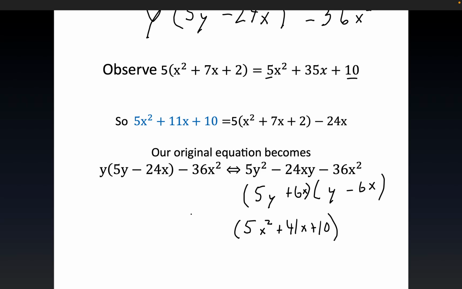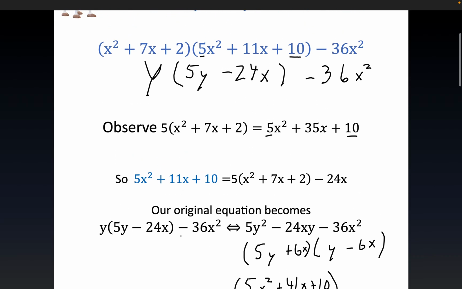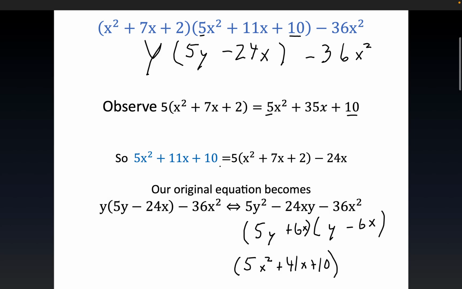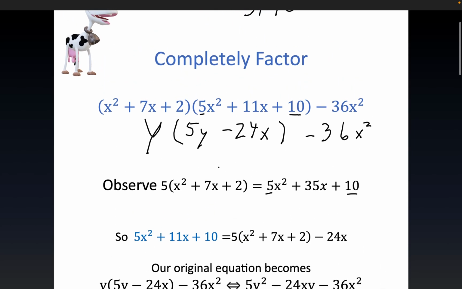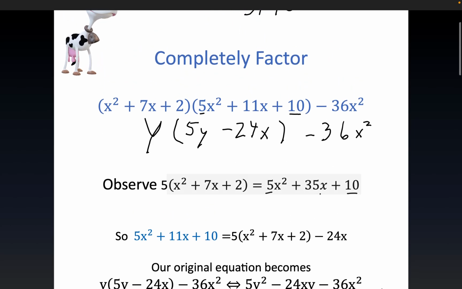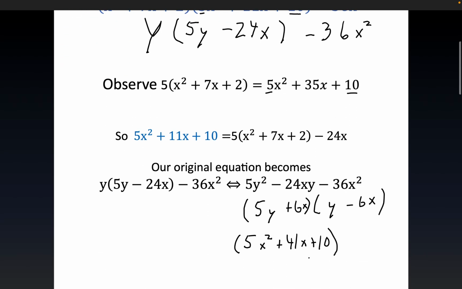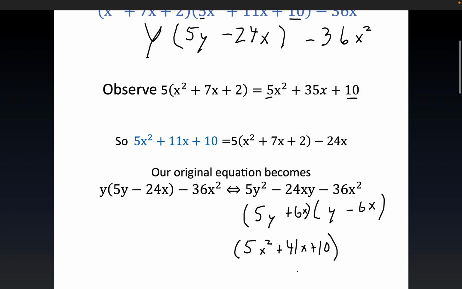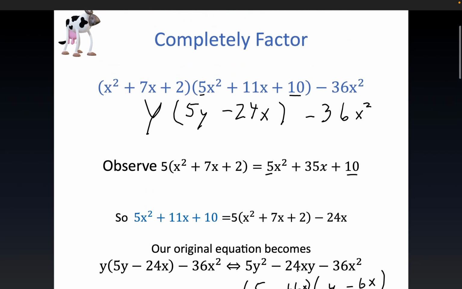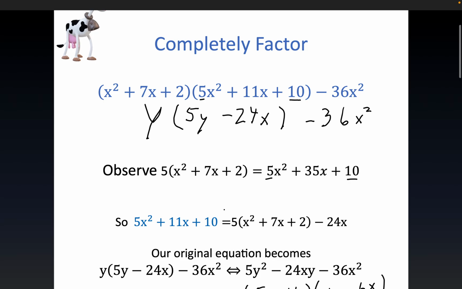In other words, we already know what 5y is, right? 5y is equal to this expression right here. But we have to add 6x to it in this factor form, and that gives you 41x. And in a similar fashion, we have to subtract 6x from x squared plus 7x minus 2.